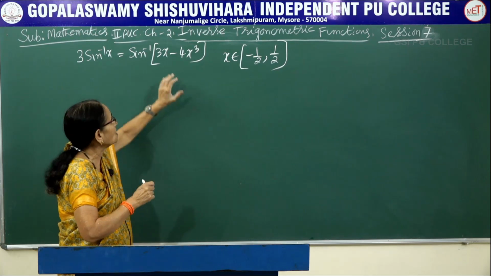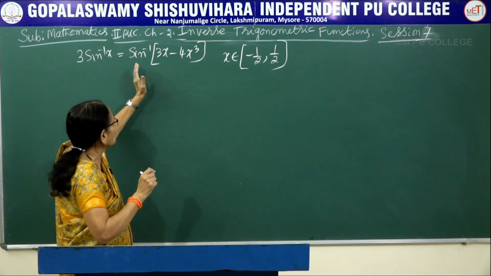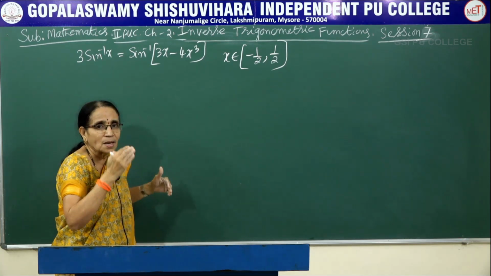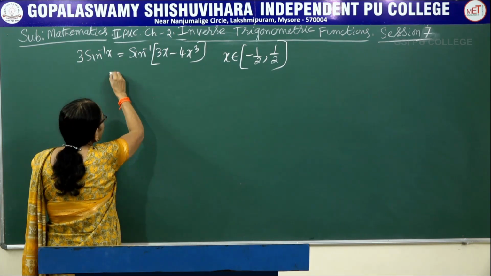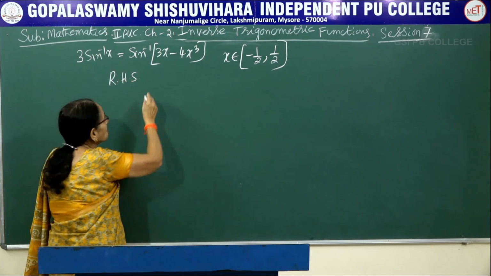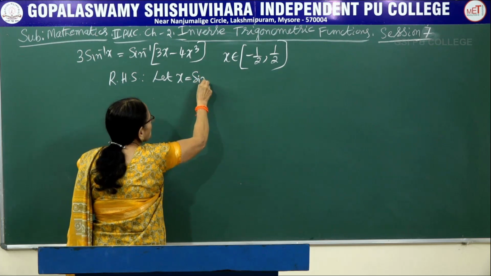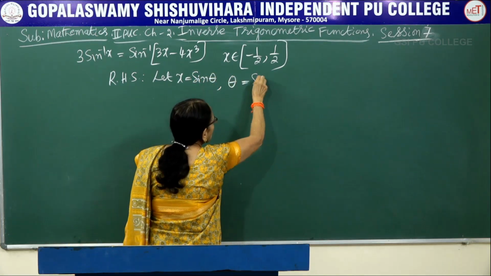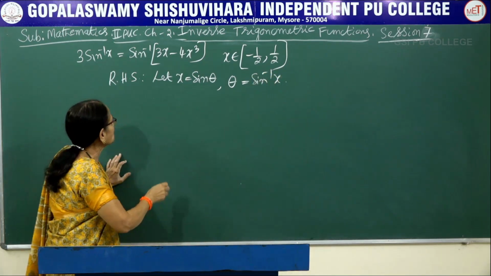That gives us an idea, it has to be written in terms of sin of something, so that I can make use of sin inverse of sin x can be written as x. So what I do is, I will make an assumption here. Let x be equal to sin theta. Then theta can be written as sin inverse of x.